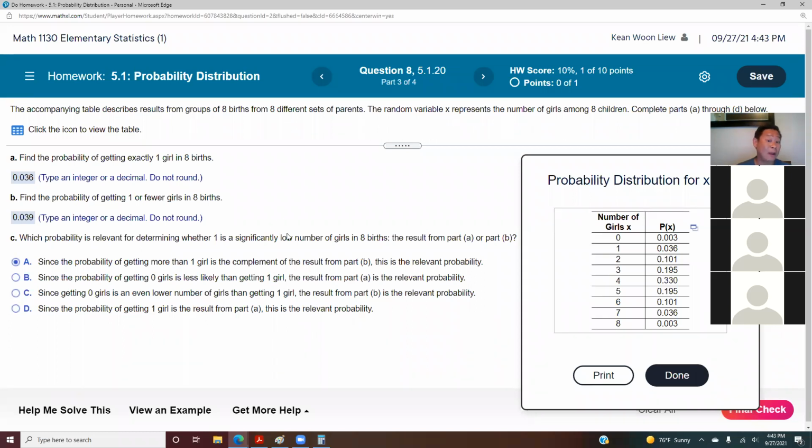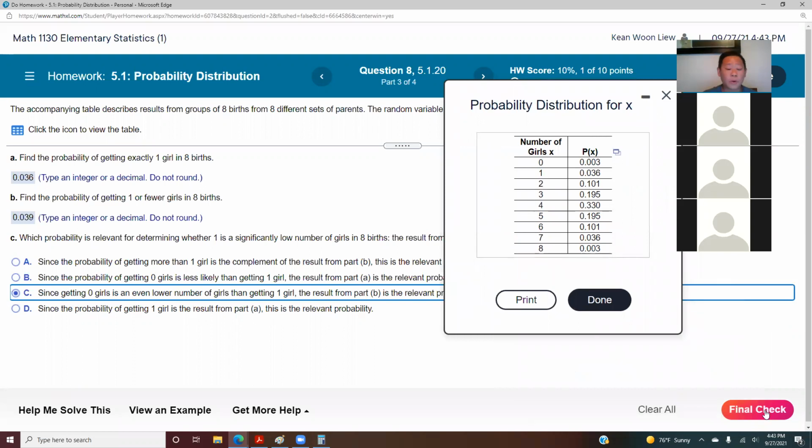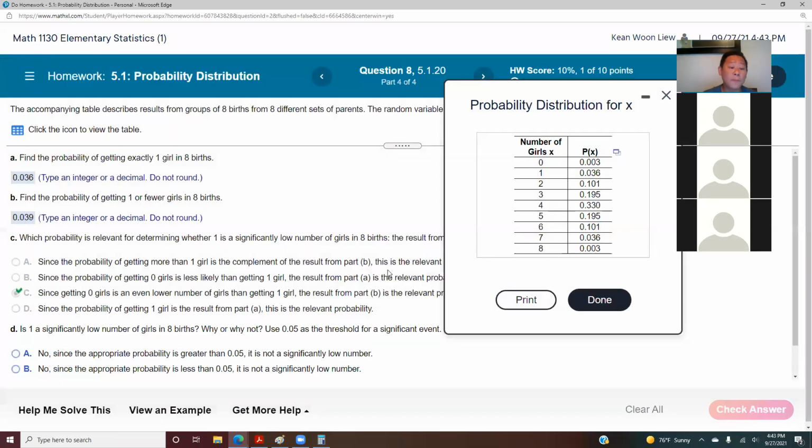I will ask you part A or part B. This one is really tricky here. So it's going to be C in this case. Don't worry about this part. The only part I want to point out to you here is we don't use part A here. That is my main goal, because we don't use the word exactly. We always use one or fewer for those with significantly low.